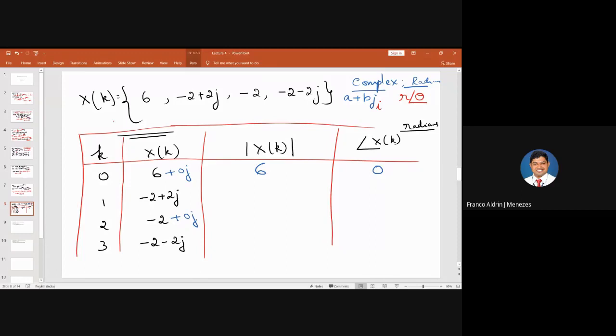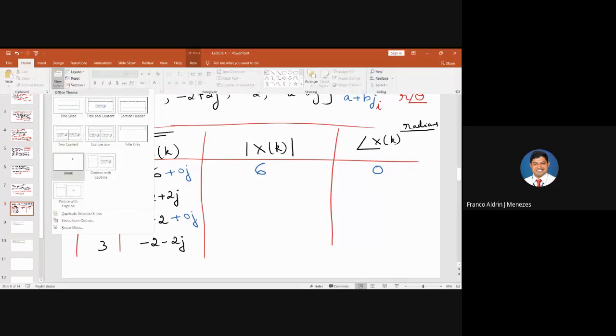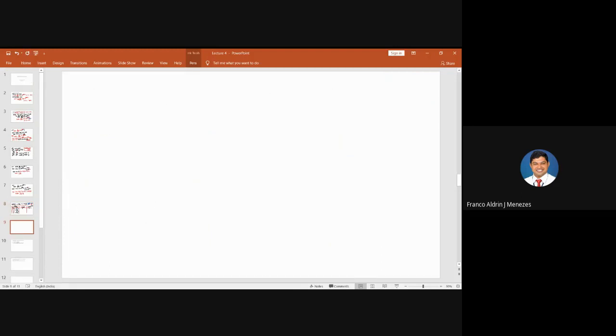If you want to do it theoretically, then you have to go with this particular form. So I will write the expression for that also. To find the magnitude of x of k, if we have a plus j times b, the magnitude will be square root of a square plus b square. That is, a is nothing but the real term, b is the imaginary term.